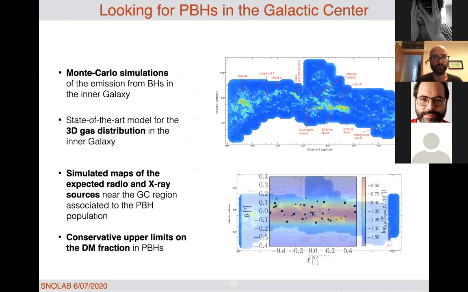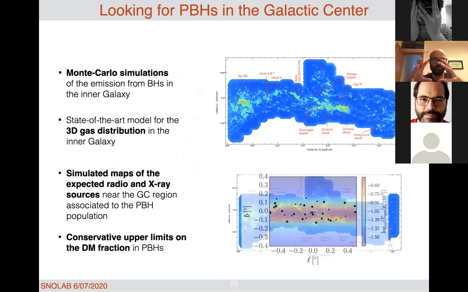And so in order to do this, we performed Monte Carlo simulations of the emission from black holes in the inner galaxy. We populated the inner part of the galaxy with primordial black holes, assuming that they amount to some fraction of the dark matter.